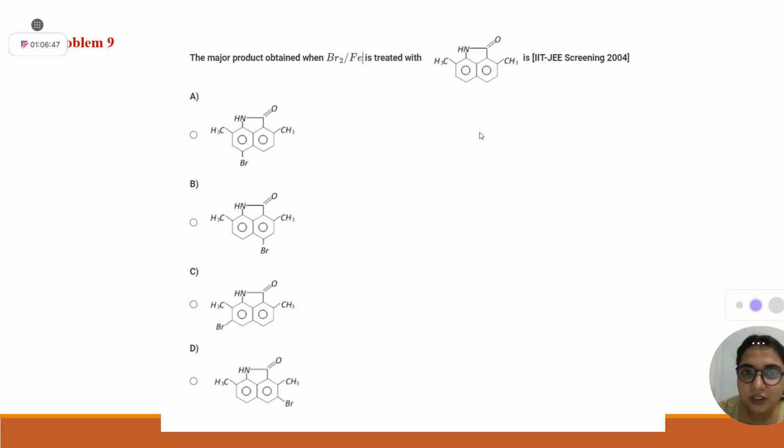The major product obtained when Br2/Fe is treated with this compound. This is from an IIT paper. Quickly. Okay, before answering, this is from which concept? Electrophilic aromatic or nucleophilic aromatic? Electrophilic aromatic, ma'am. Very good.